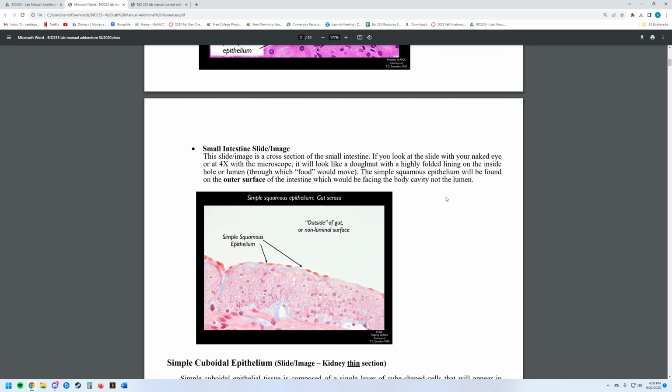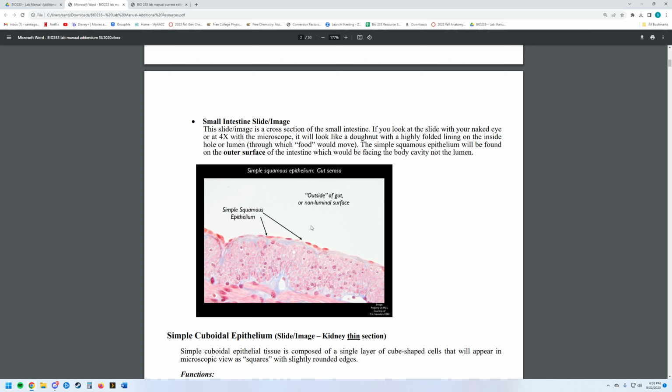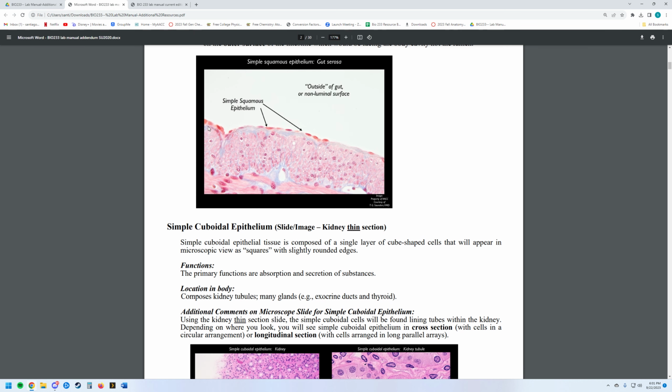Whoa. I really wish they could zoom this image out, because in my mind, this is lumen because it's a giant space. But they're saying it's on the outside of the gut. So I would imagine, if this thing kept going down, there'd be a big hole here where food would be in the bottom.